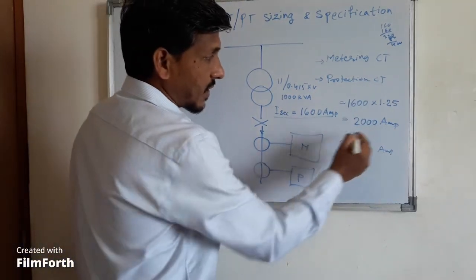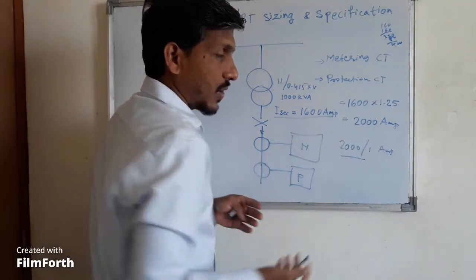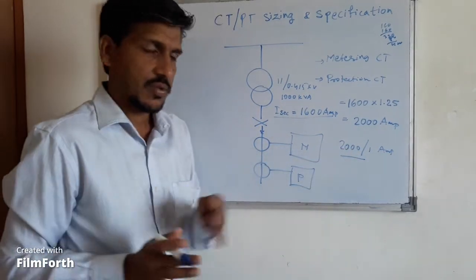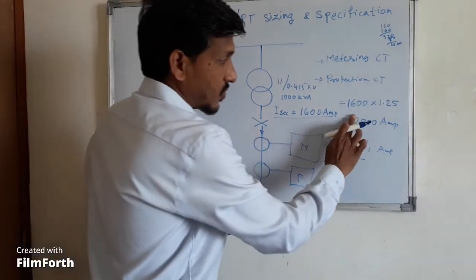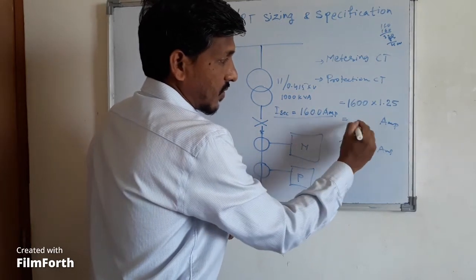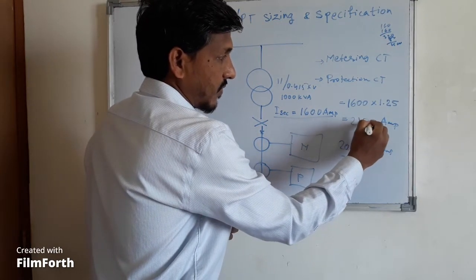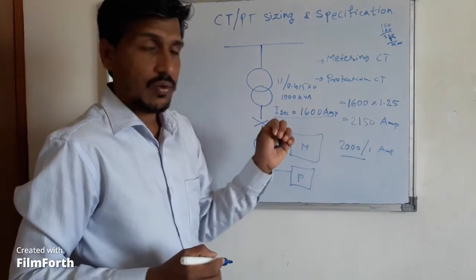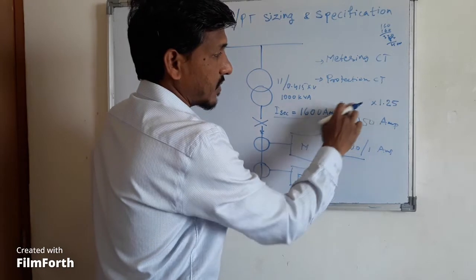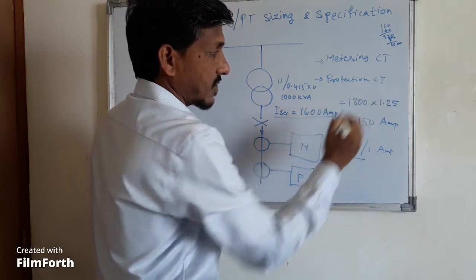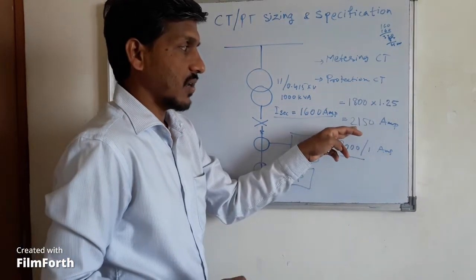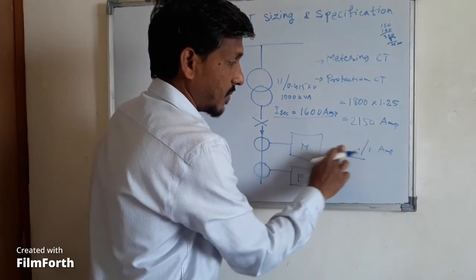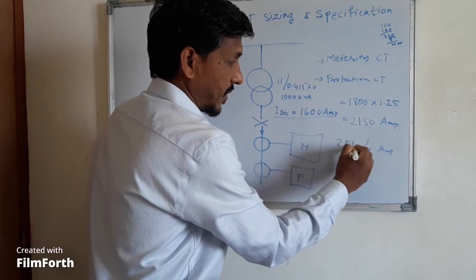Now what is the standard rating? Normally the standard rating you have is a 2000 amp CT, so I have selected 2000. Suppose you have got a current of 2100 or 2150, for example, after multiplying with 1.25. I am just randomly taking some figures. 2150 is not a standard rating, so you can go to the nearest standard rating available, that is 2500.